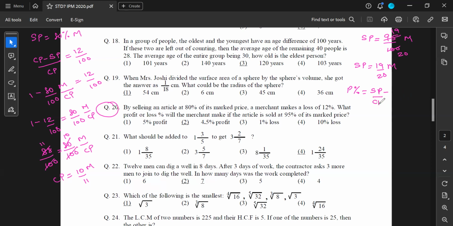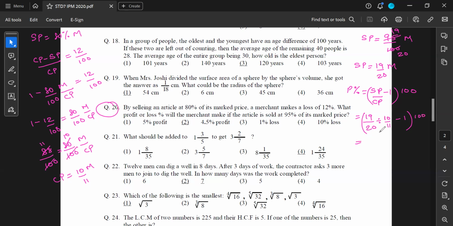That will give me SP upon CP minus 1, multiplied by 100. This SP is 19 upon 20, and CP is 10 upon 11, so divided by 10 upon 11, minus 1, multiplied by 100.